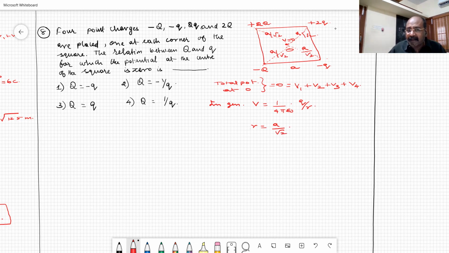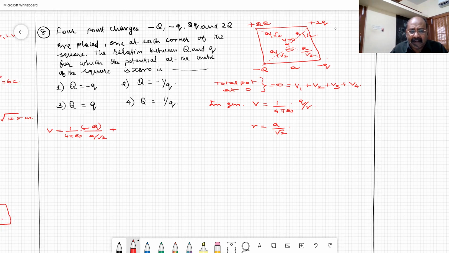Now, to apply the concept, the total potential V equals V1. V1 is 1 divided by 4 pi epsilon 0 into the charge available, minus Q, divided by R. What is R? R is A divided by root 2.